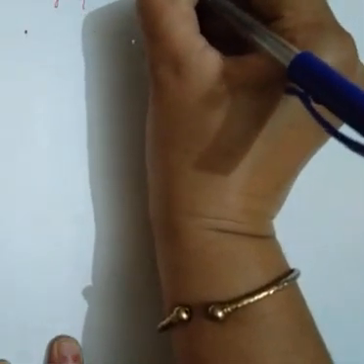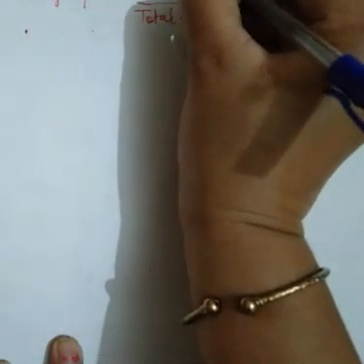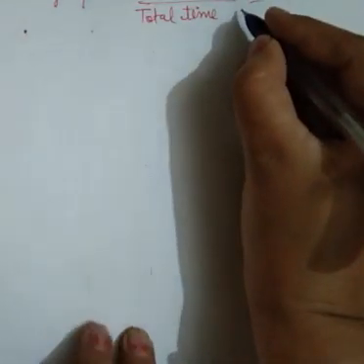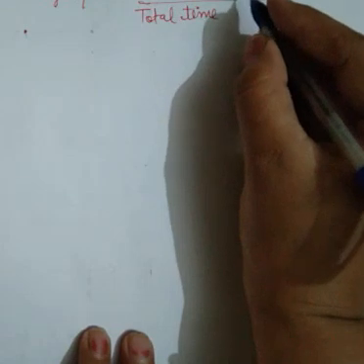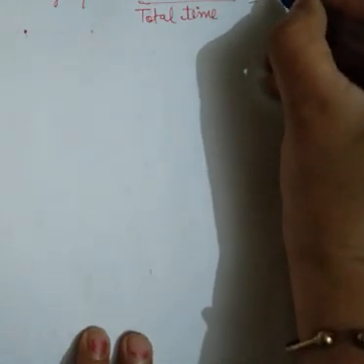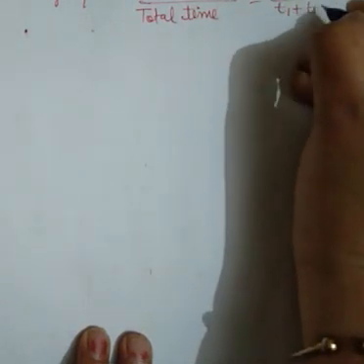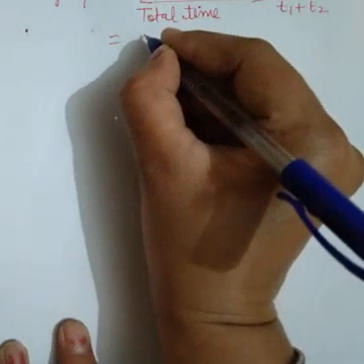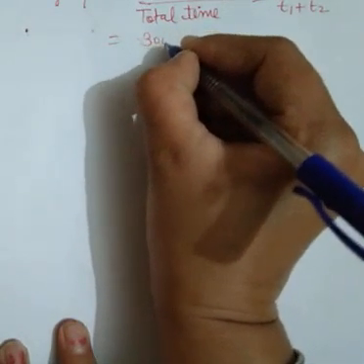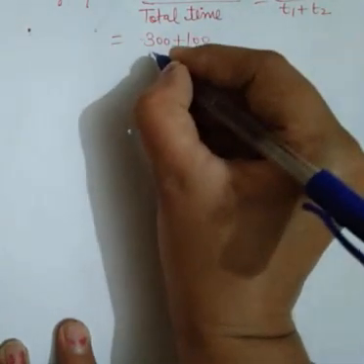First from A to B, then B to C. Distance A to B is 300 and while coming back 100. So it will be AB plus BC, and first time plus second time. What is AB? AB is 300. What is BC? Coming back 100.